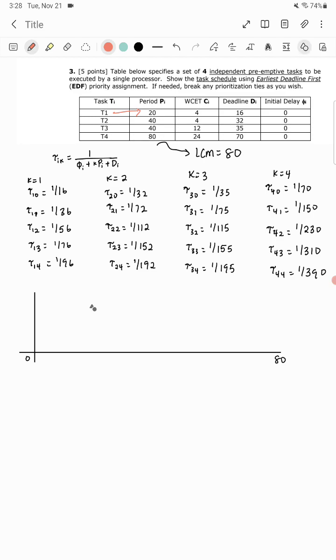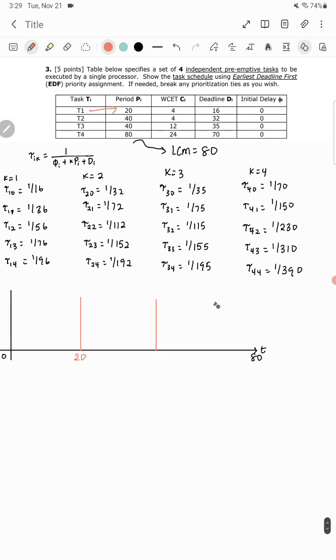Okay, so an easy way I like to visualize it is to just put, so at t equal to 20, this is small t over here. At t equal to 20, we know we have a particular task T1 that is preempted here. Now at another 20 intervals, t equal to 40, you have another one here.